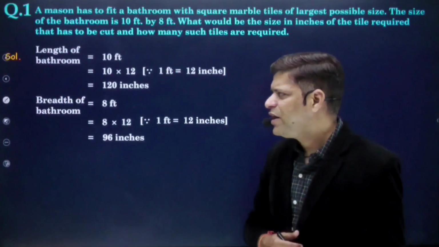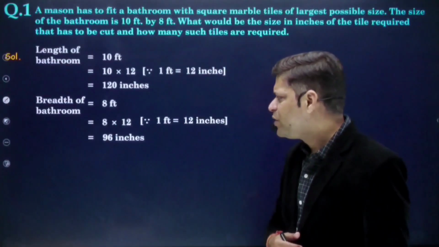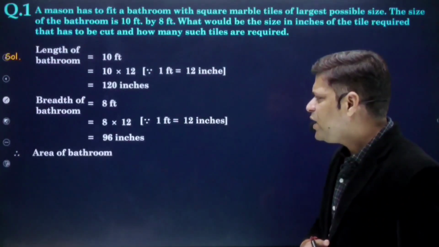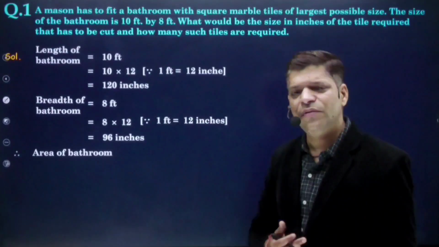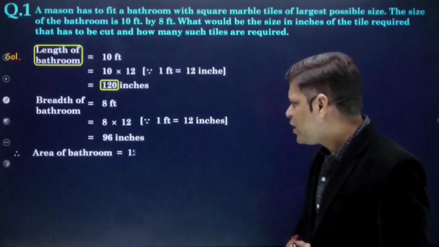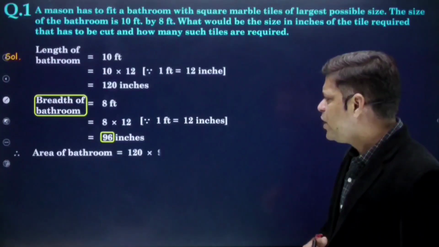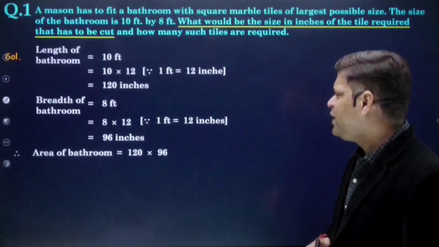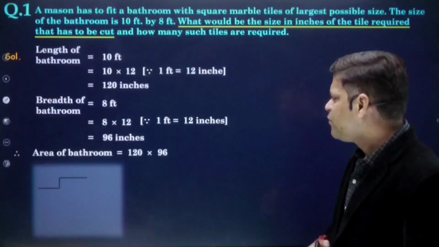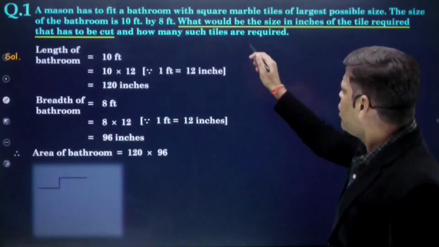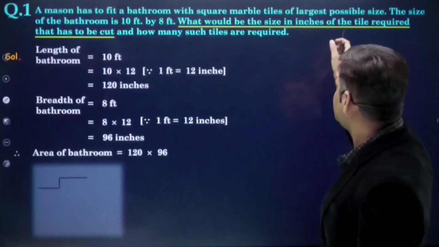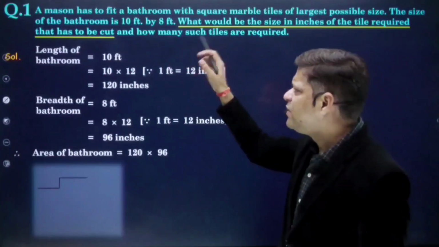So firstly we find the length and the breadth of the bathroom in inches. Now the area of the bathroom is length into breadth, and it will be 120 into 96.